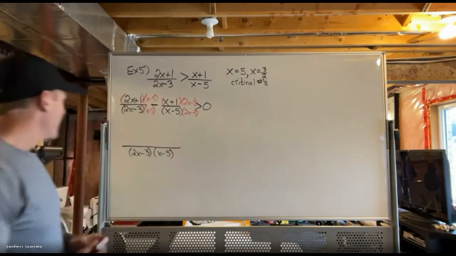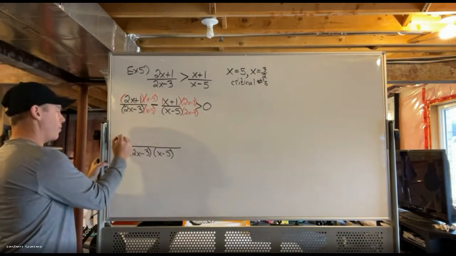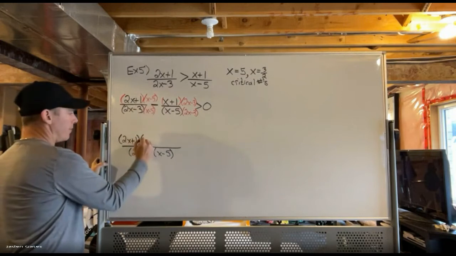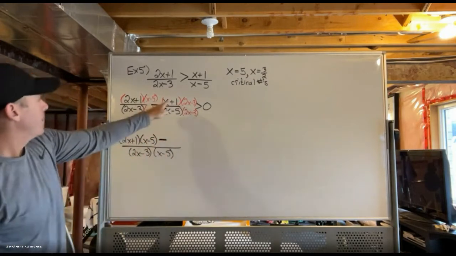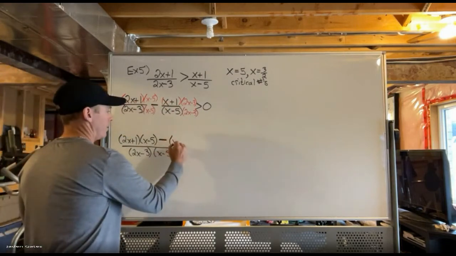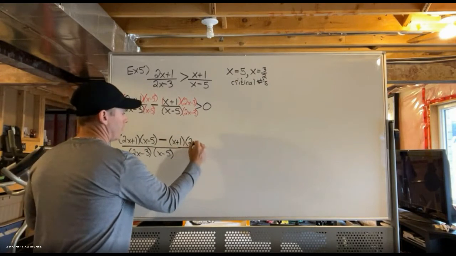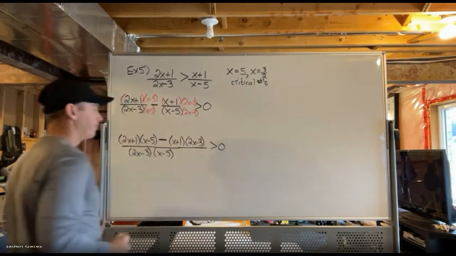Now, here's what my numerator now looks like. I have this 2x plus 1 times my x minus 5, subtract this part here where the x plus 1 times the 2x minus 3. This one's going to get a lot messier than what we had before. Is greater than 0.